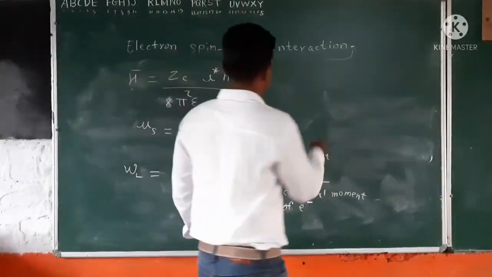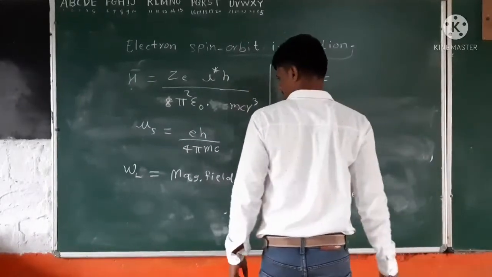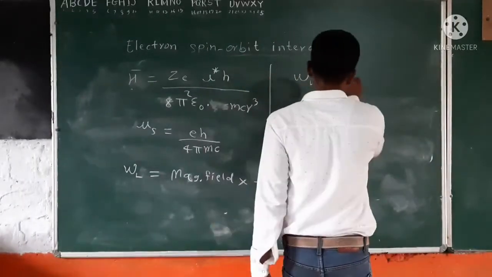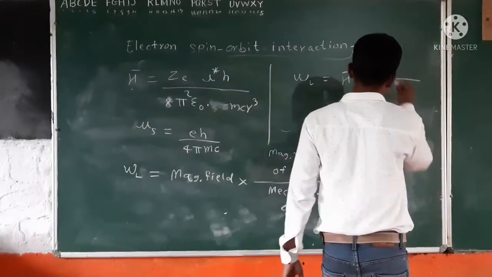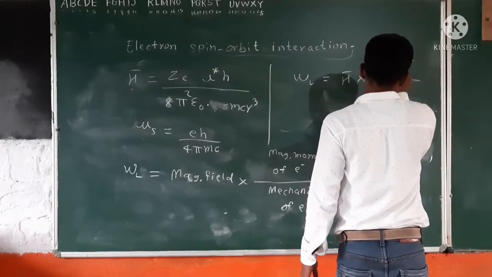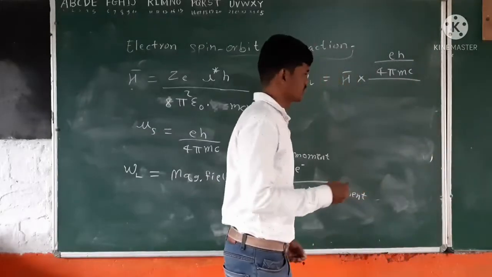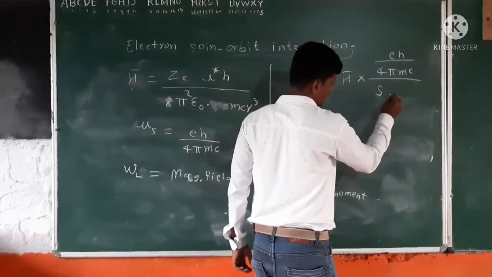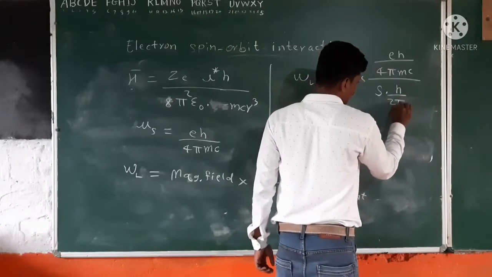So here omega L will be this magnetic field H bar cross the magnetic moment of the electron, that is eh by 4 pi m c, divided with the mechanical moment. Consider here we have the mechanical moment as S times h by 2 pi.